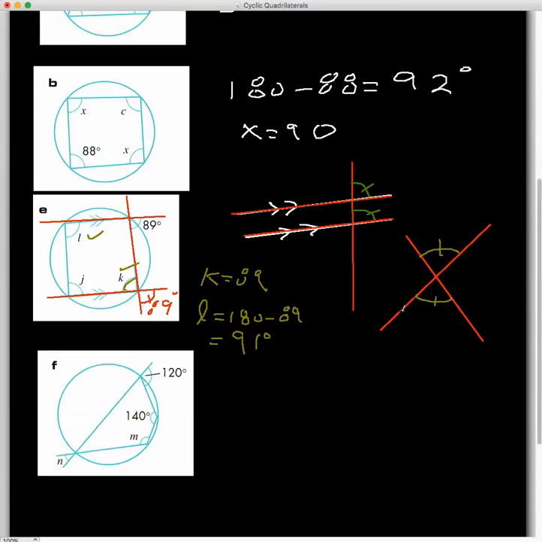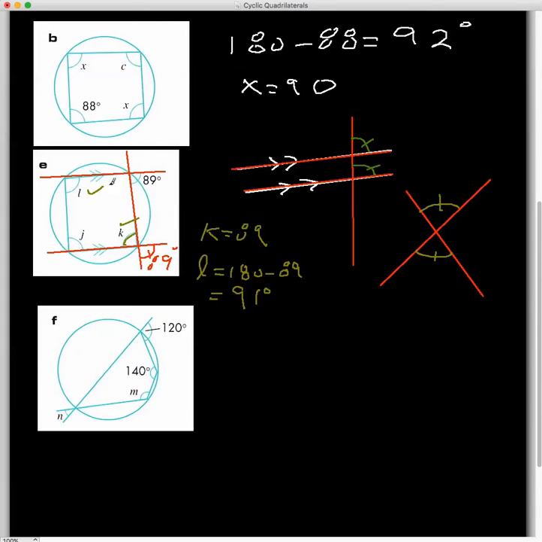Finally, we can use one of our last tricks here, which is this angle here plus 89 has to equal this 180 degree line here. So I have 89 degrees here, and if I go 180 minus 89, I get once again 91 degrees in this angle here. And of course, the theorem that we're working with is J plus 91, these two angles across from each other, have to equal 180.